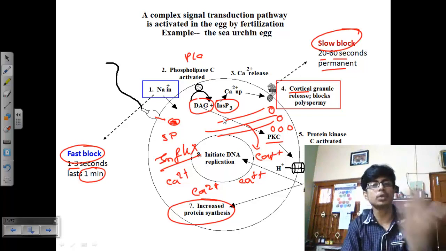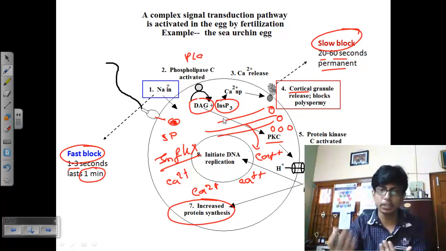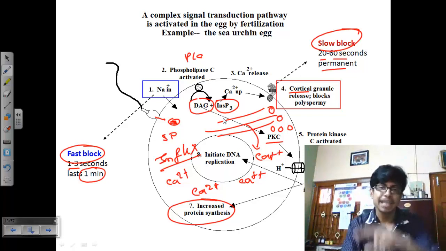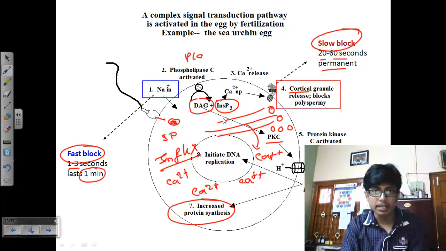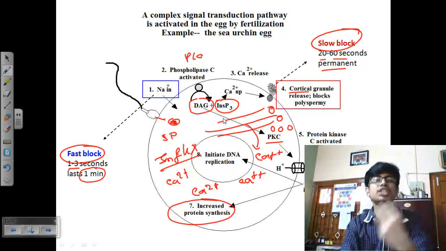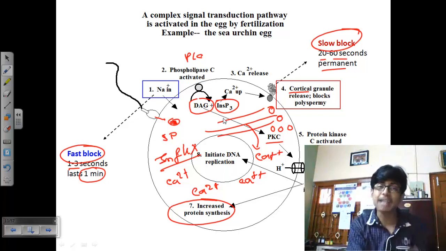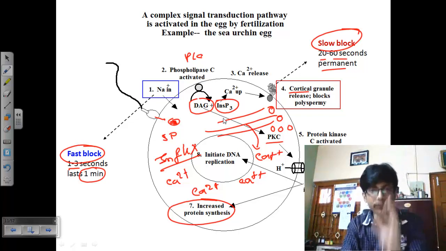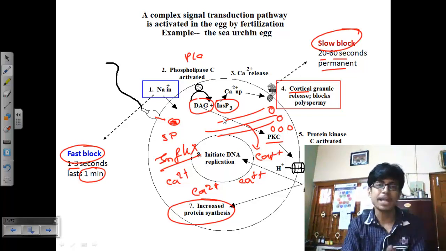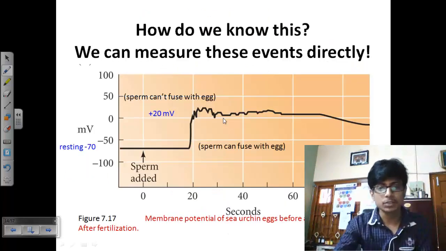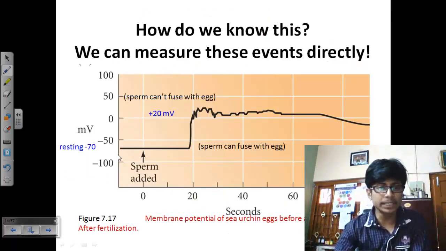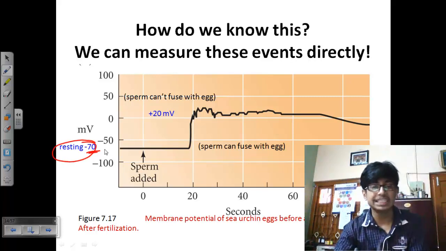But now, due to the sodium influx as well as the increased calcium ion content inside the cell, that membrane potential is disrupted. The membrane voltage slowly changes. As a result, that changed voltage will prevent the sperm from fusing with the egg and delivering its nucleus. So see here, normally there is a resting potential of -70 millivolts throughout the cell membrane of the egg.